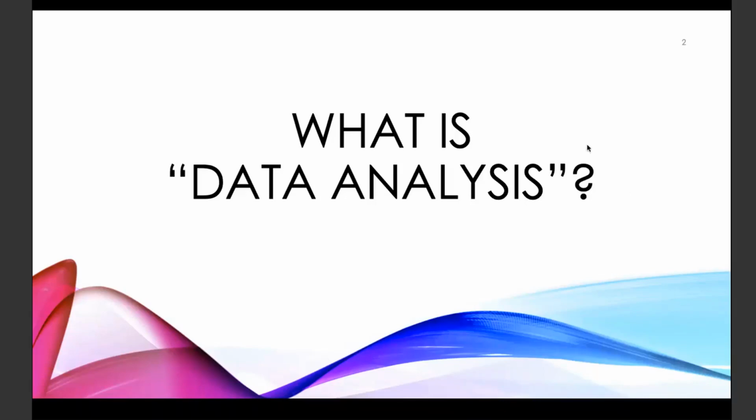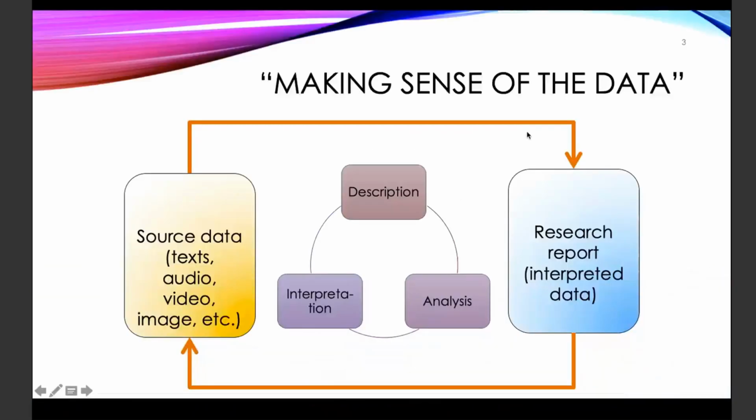Let's go to the definition by Walcott, 1994 here: the process of making sense of the data. I will add that reference name before I release this handout. So what is it actually? Everything that you have mentioned just now, the data that you got from the respondent, any source data, the raw data, is something that you can see on your left-hand side here, which is the source data.